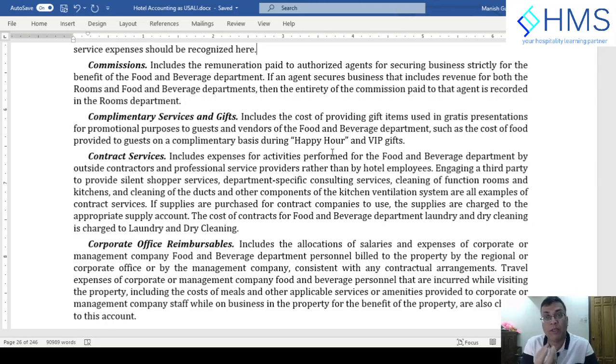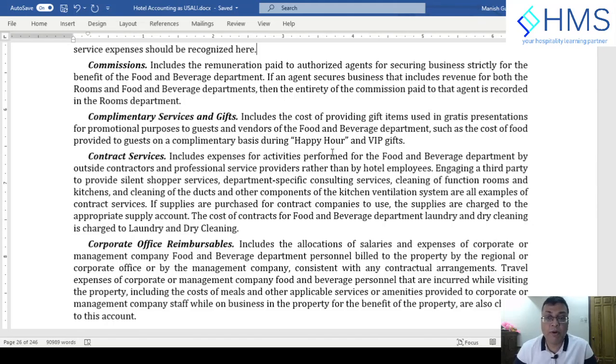You may be serving cashew nuts, spicy nuts, or some other items as gratis in the happy hour or when the guest is arriving in the property. You are just giving them as an arrival gesture. So the cost of such items given as complimentary, for which you don't expect the guest to order, will be charged to the complimentary services and gifts.